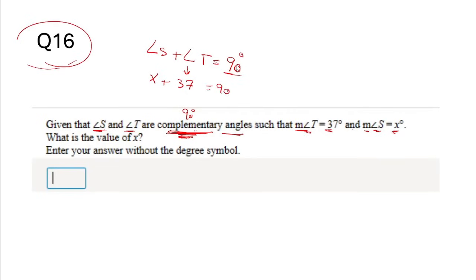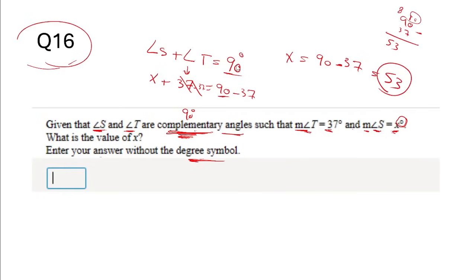Here it says enter your answer without the degree symbol, so you don't have to put the degree symbol. So x will be 90 minus 37. 90 minus 37 is 53. So the answer will be 53 without a degree symbol.